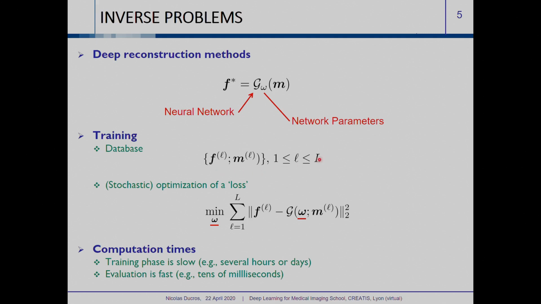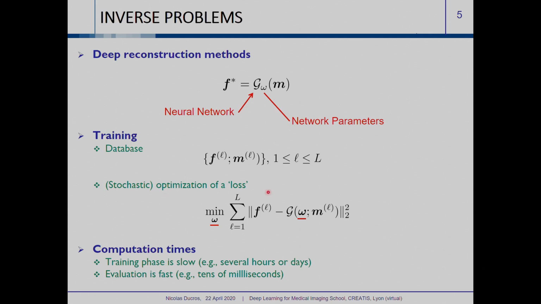So here typically you need L equals 10 to the 4, 10 to the 5, or even 10 to the 6 images. So let's say 100,000 images. And from those 100,000 images, you will try to find the best parameters.